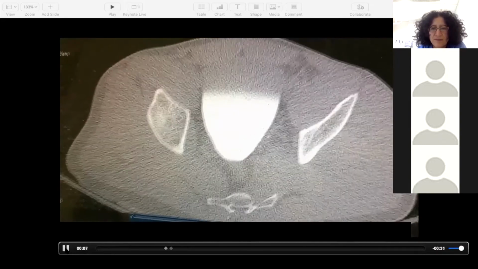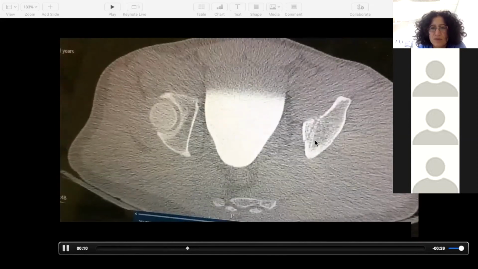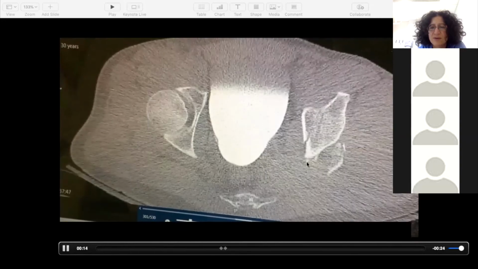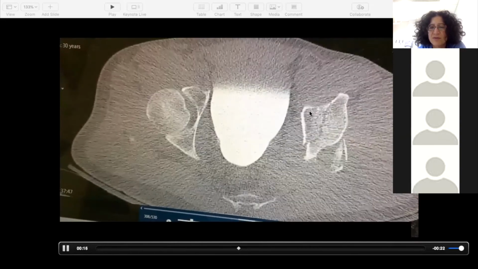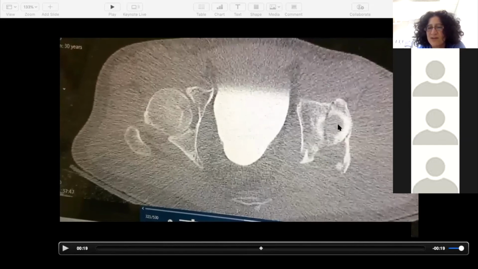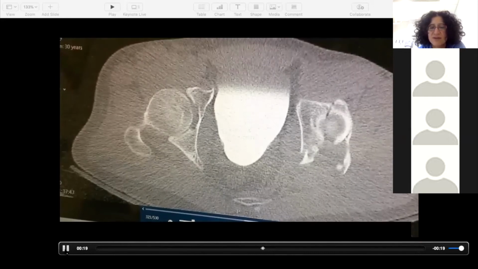There's ileum, constant fragment, anterior inferior iliac spine, posterior column, anterior column, medial wall. So here we're just coming into the dome. Okay, we're just starting to reach the dome of the acetabulum.